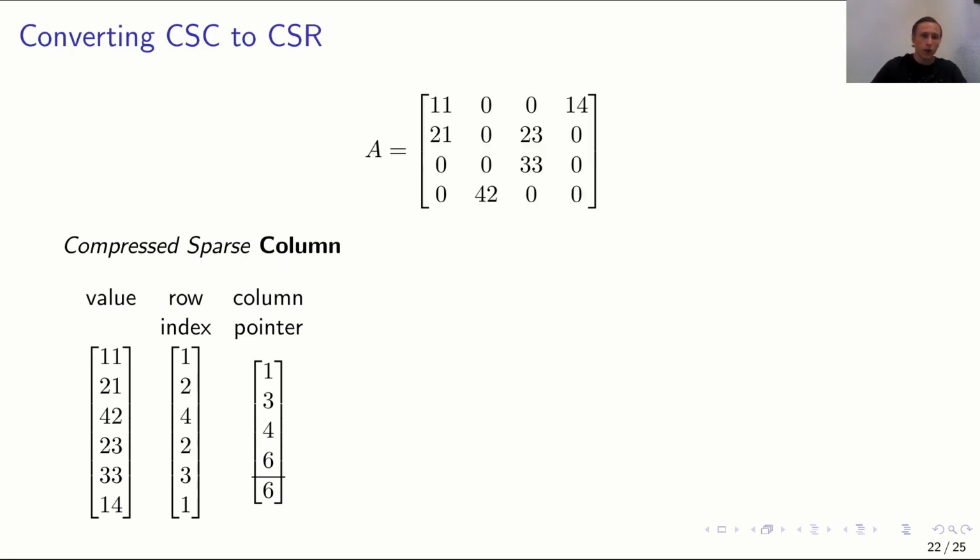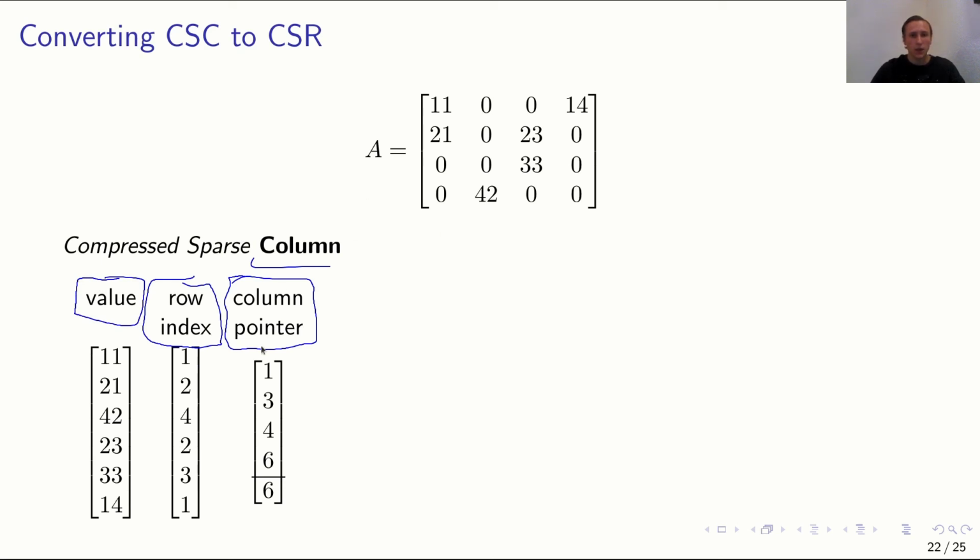However, converting a compressed sparse column format to a compressed sparse row format is not a cheap operation. It basically involves two steps. First, we have to convert the column pointer to a column index. That's not a particularly big step. But then we need to convert the row index to a row pointer and also adjust the values at the same time to be in a row major order rather than column major order.